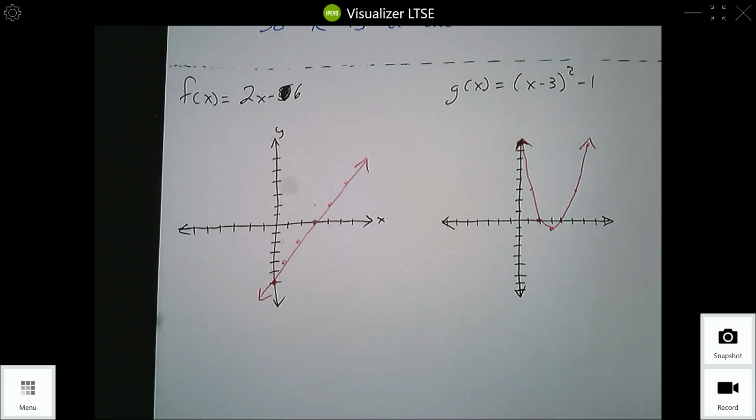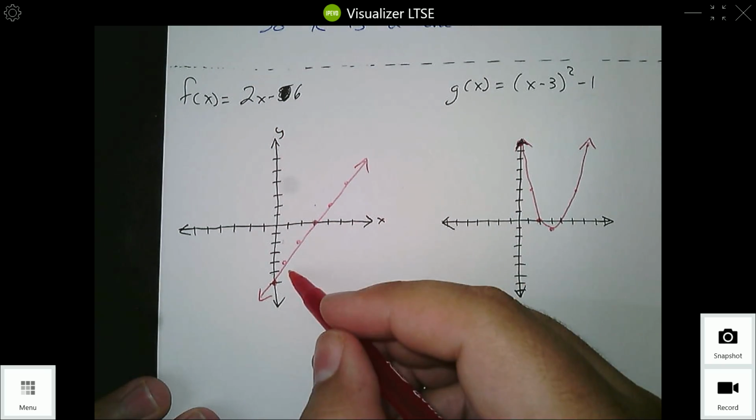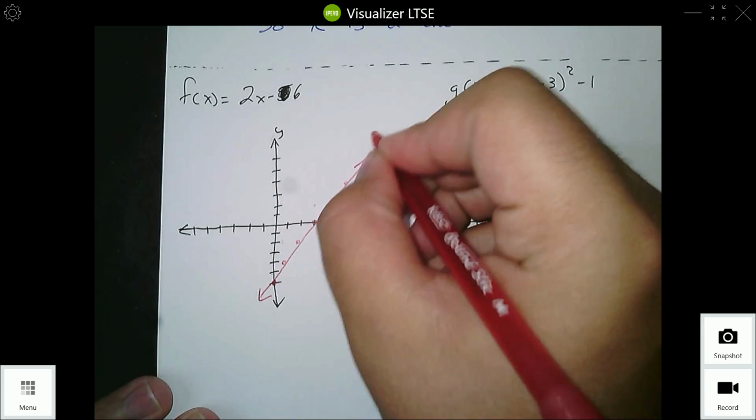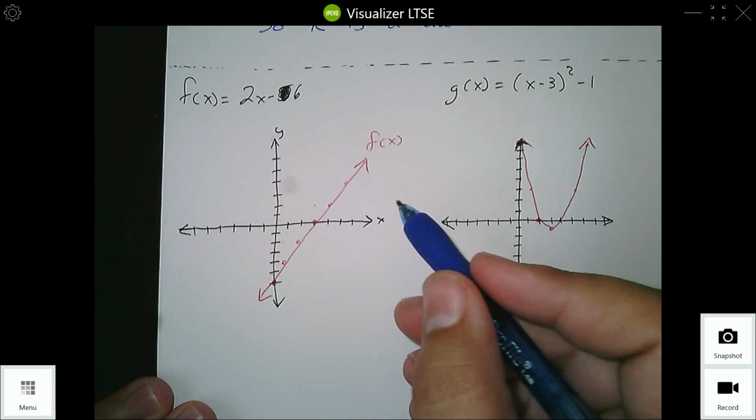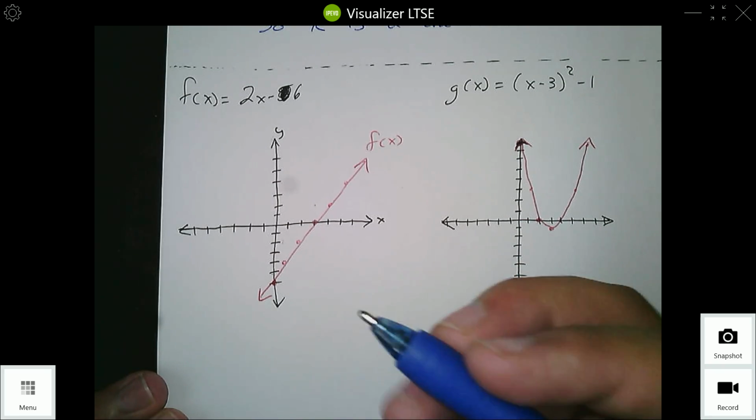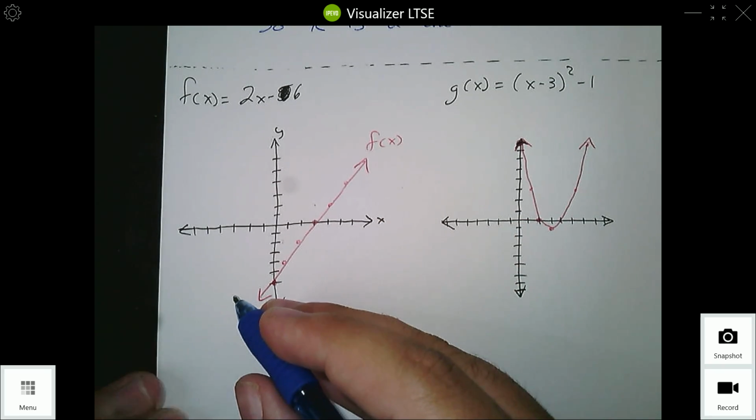We haven't found out how to find inverses of equations yet, so we're going to use the graphing method. Right here we have 2x minus 6 graphed in this red line. This is just f of x. Now, when it's graphed, I can apply two simple tests to see if the function is one-to-one.